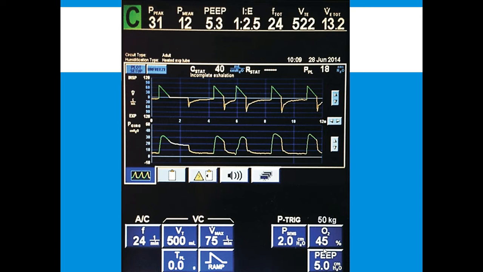FiO2 is our fractional inspiration of oxygen. Typically it's set between 40 to 100%. It's the amount of oxygen the patient is given, found in the bottom right corner of the vent screen. Recall room air is 21% oxygen, so the air that we're breathing right now is 21% oxygen.